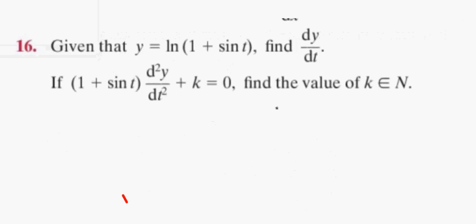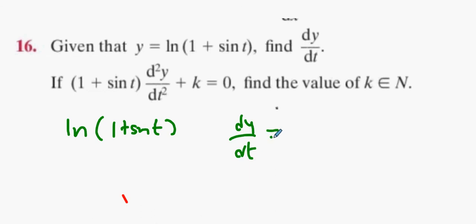Now, what we have is ln of 1 plus sine t. And what we're going to do is find dy/dt. Alright, this one ain't too bad actually. So, what happens when we differentiate it?